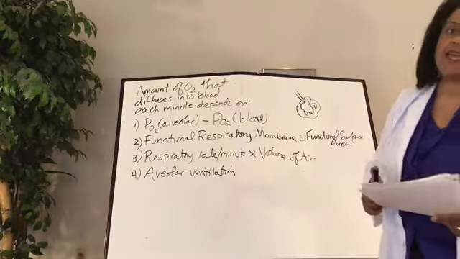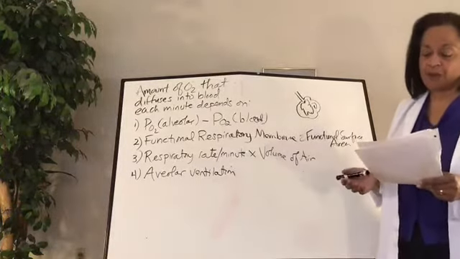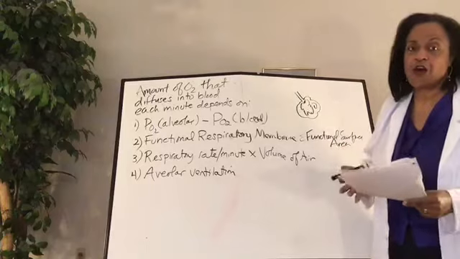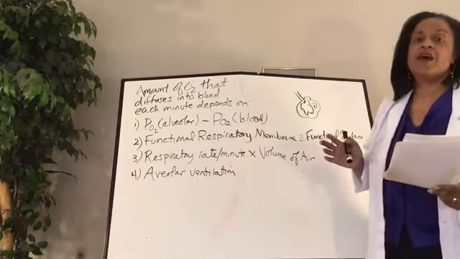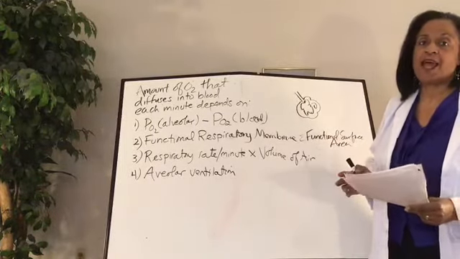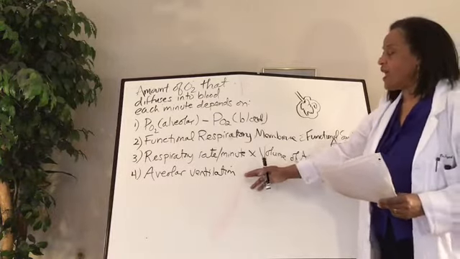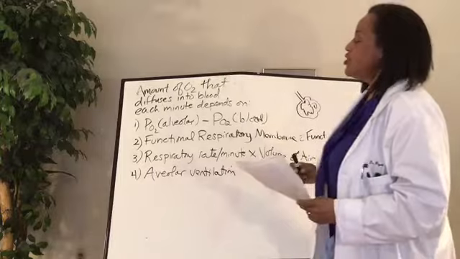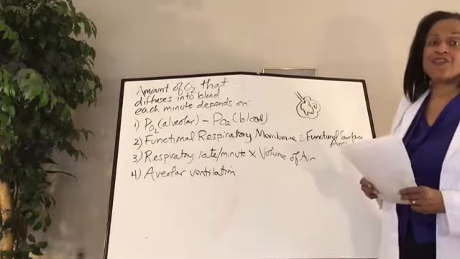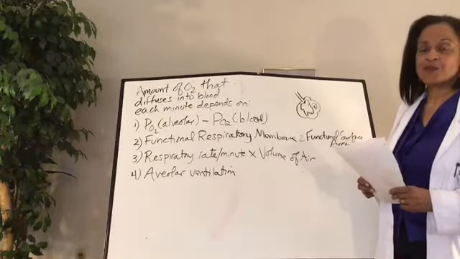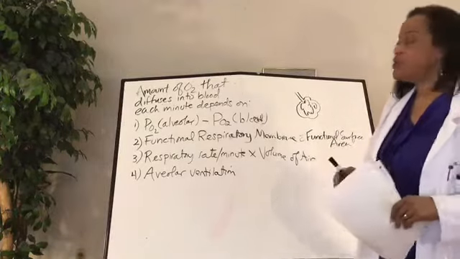Alveolar ventilation: we know that you have to have a certain volume of air reaching the alveoli in order to ventilate the alveoli and get gas exchange. So that's definitely going to affect the amount of oxygen that gets into the blood each minute.